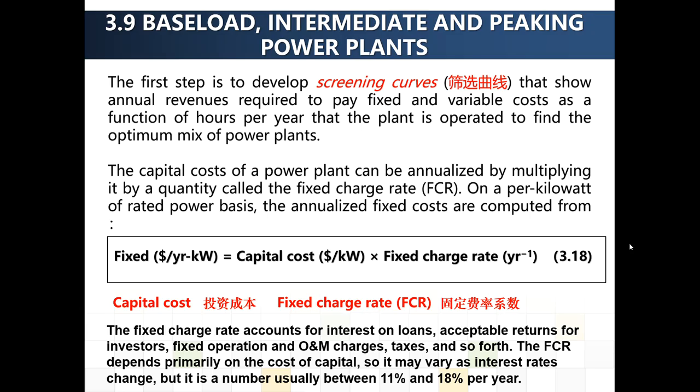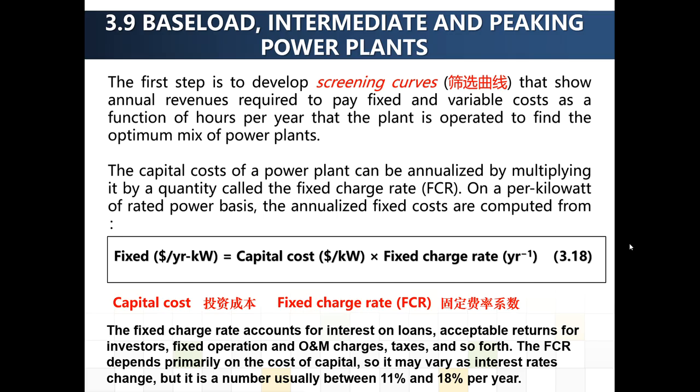The fixed charge rate depends primarily on the cost of capital, so it varies as interest rates change. The fixed charge rate is usually between 11% and 18% per year.